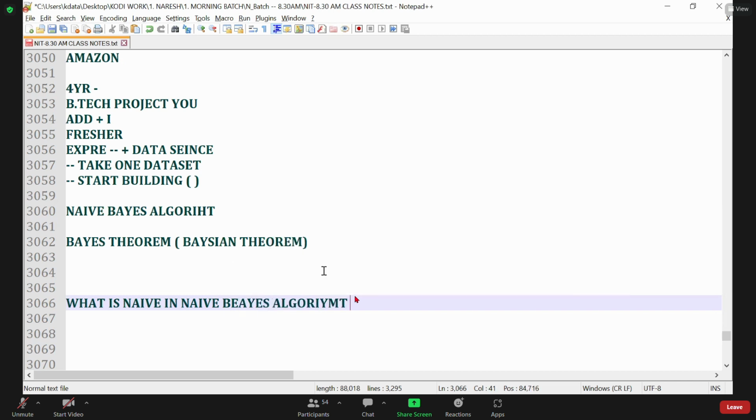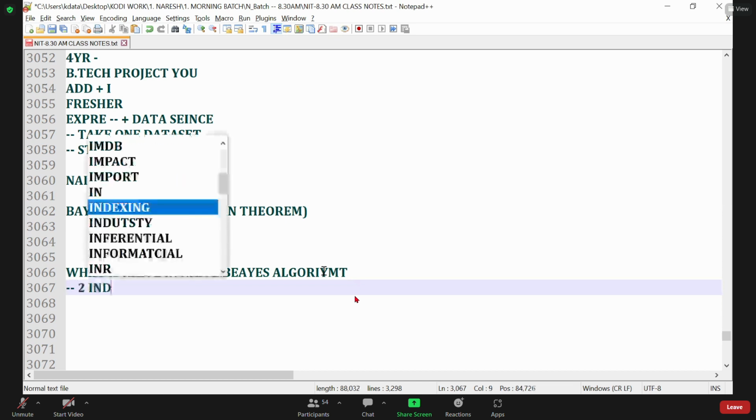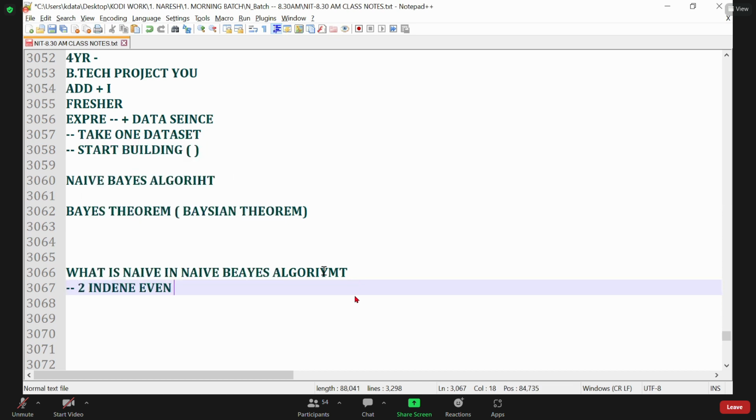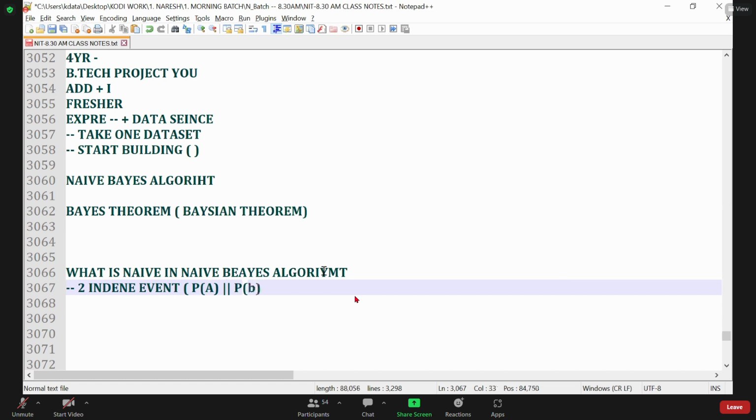Then the answer is: we considered two independent events, and those events, probability of A and probability of B, is what is called naive in naive Bayes algorithm. Team, understand or not? This is what you need to answer.